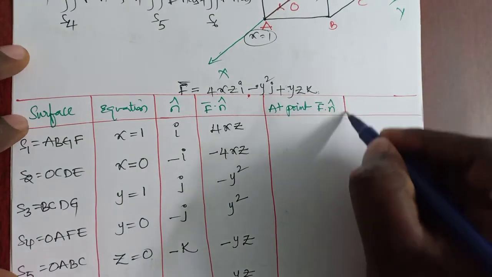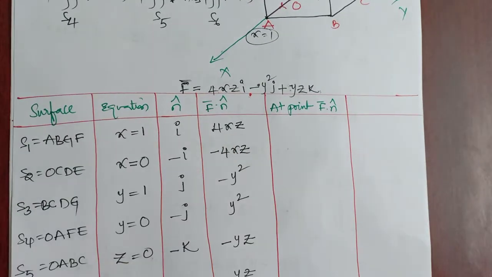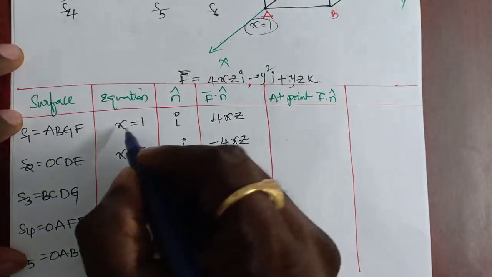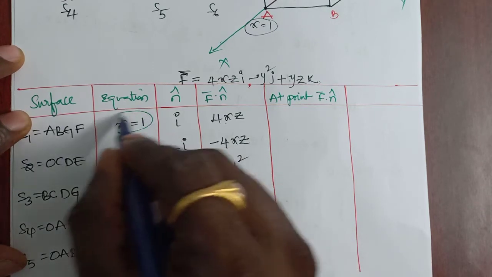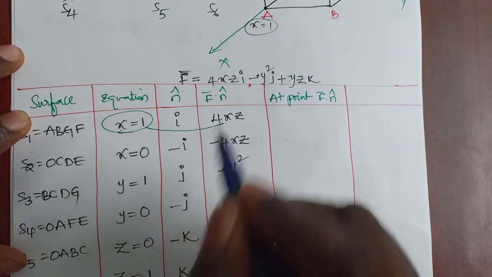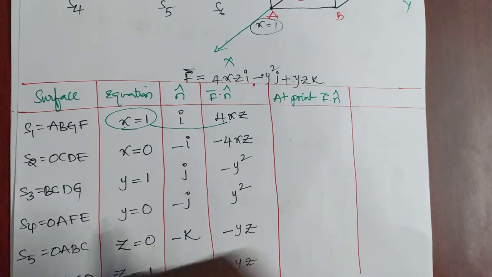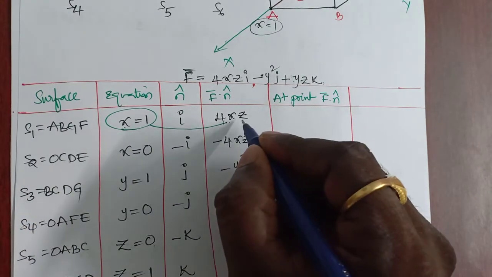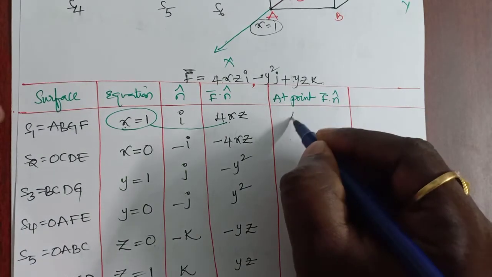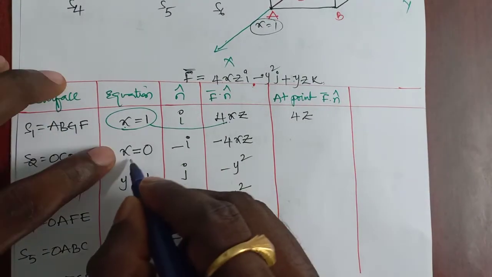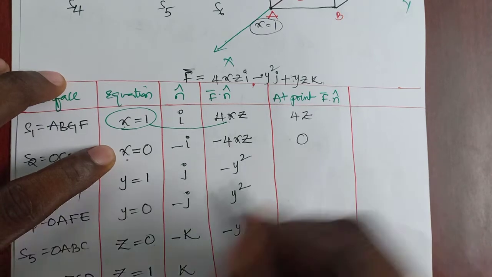So at this point, what is that behavior? Clearly here x is 1. Now see these two. Substitute x equal to 1, what do we get? 4z. 4x is 1 and z, so it is 4z. Now substitute x equal to 0 here, it is 0.